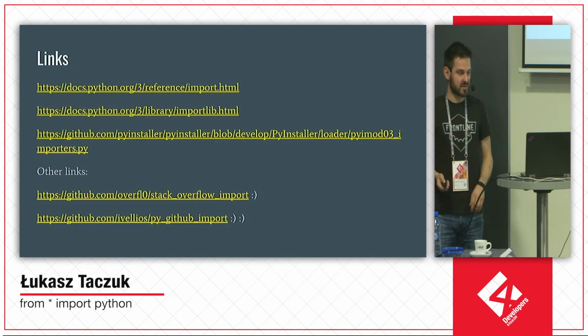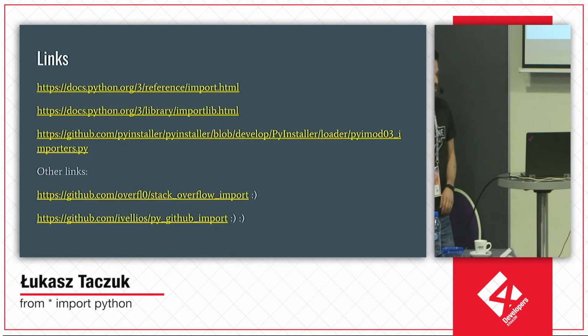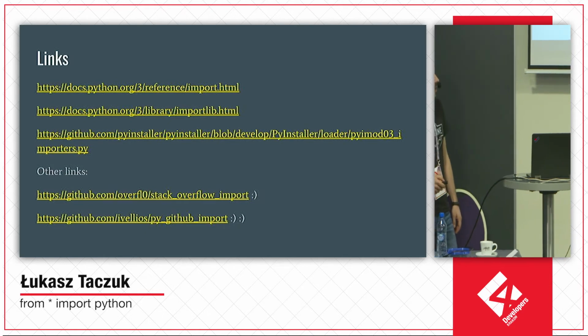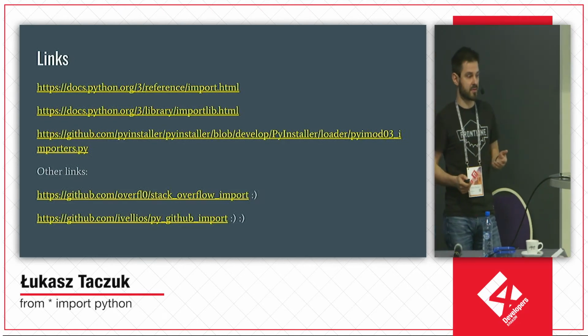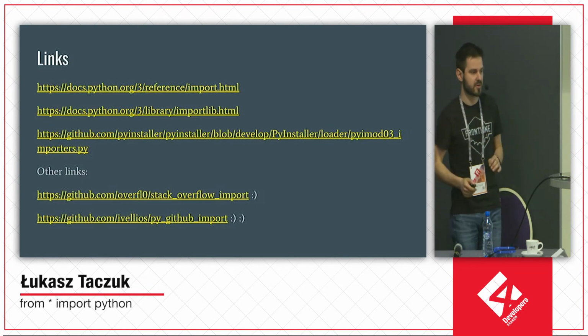And basically, that's all. If you want to check this further, I suggest you read the documentation about importlib. And what's also good is the PyInstaller source code, which shows how PyInstaller has to handle all Python versions starting from, I think, Python 2.6 or maybe even earlier.